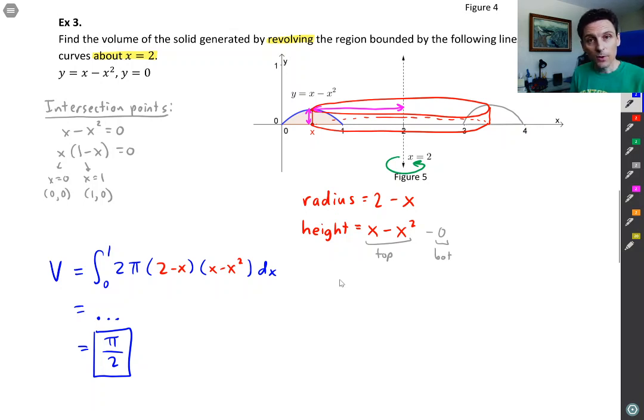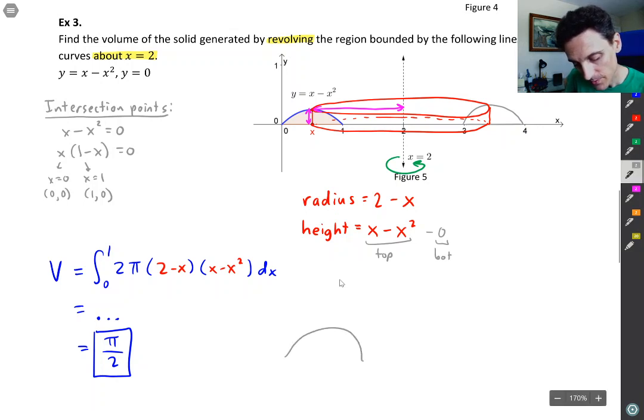Now, there's one more thing that I wanted to mention about this example in particular. We said at the very beginning that sometimes the washer or disk method can be very difficult to use. This is an example of that. If we tried to use the washer or disk method, let me just draw a little picture of our region. We would have to make our rectangles perpendicular to the axis of rotation.